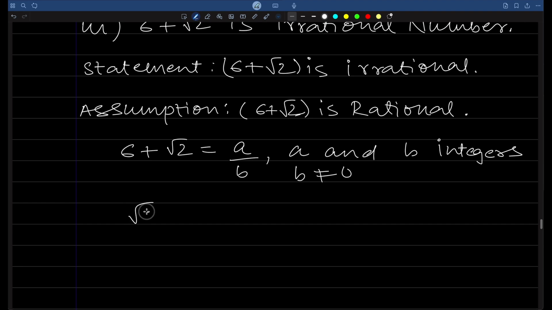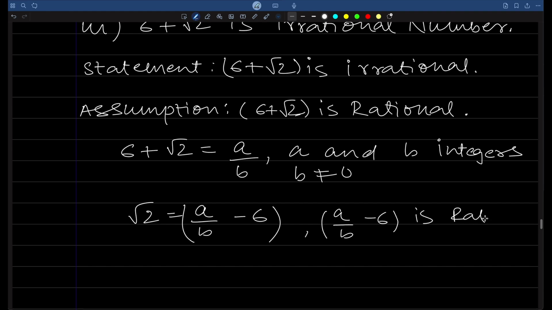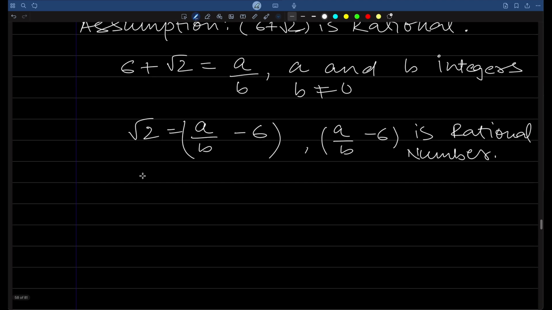If we make under root 2 the subject, it equals a by b minus 6, and a by b minus 6 is a rational number. If a by b minus 6 is a rational number, this implies root 2 is a rational number.